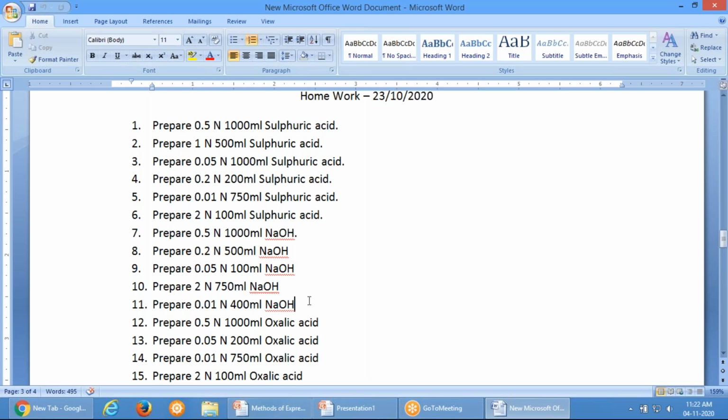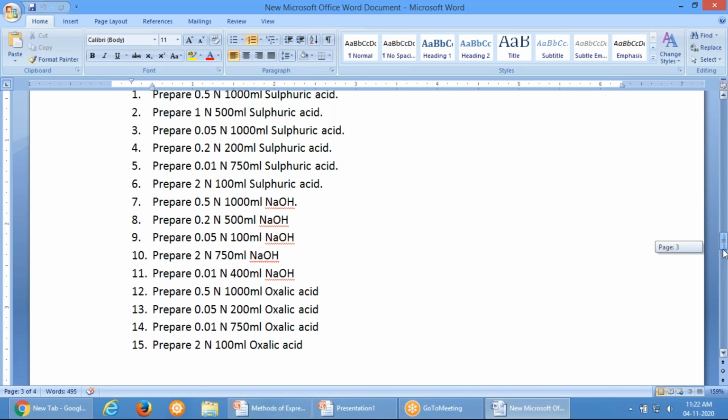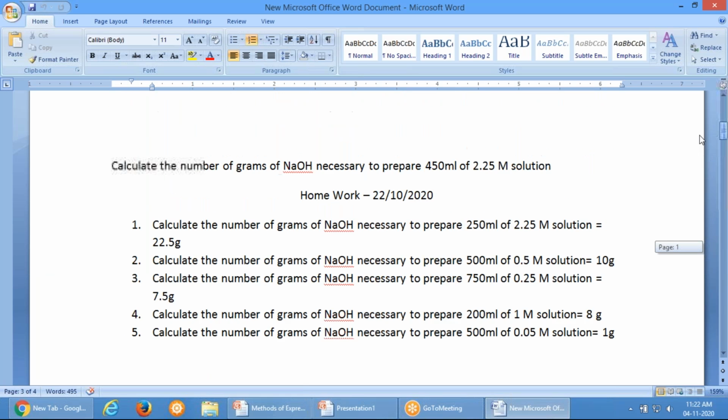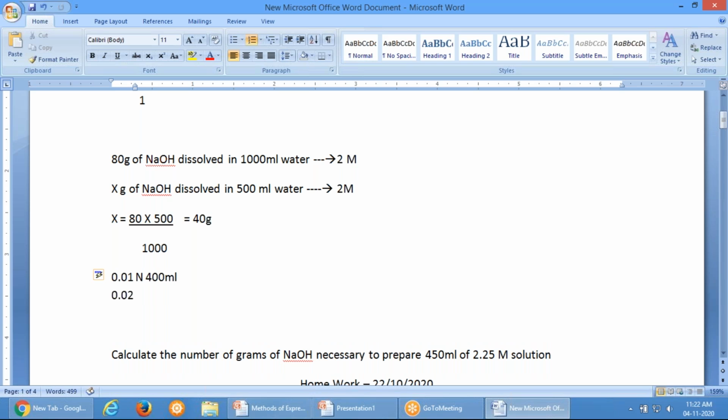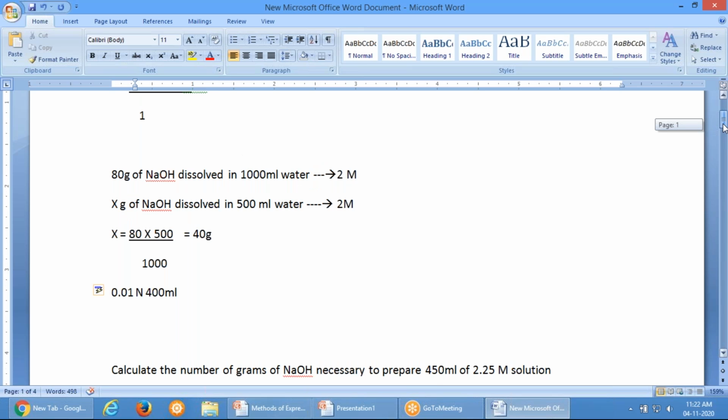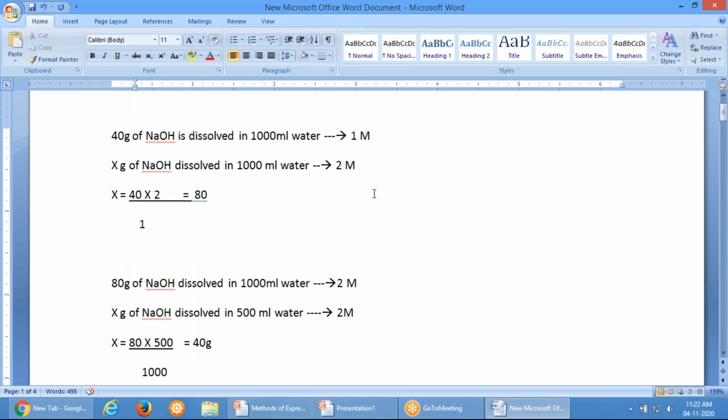So shall I do this sum? 0.01 normal, for example, yesterday few people asked, sodium hydroxide, 0.01 normal 400 ml. So, it is 40 grams, right? The standard molecular weight of sodium hydroxide is 40 grams.